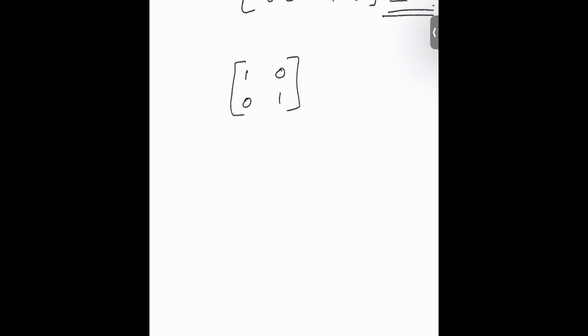Okay. Now there is one important point which you need to remember. When I multiply a matrix A with identity matrix, see, I have told you when A is multiplied with B and B is multiplied with A, that's not equal, right? AB is not equal to BA.